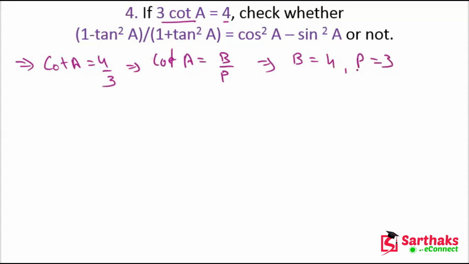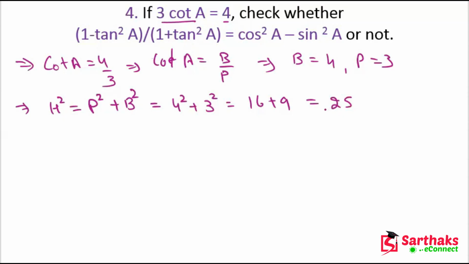With the help of base and perpendicular, we can easily find the value of hypotenuse. H square is equals to perpendicular square plus base square, which gives 4 square plus 3 square, means 16 plus 9, which is equals to 25.